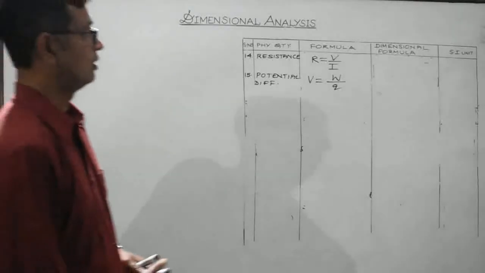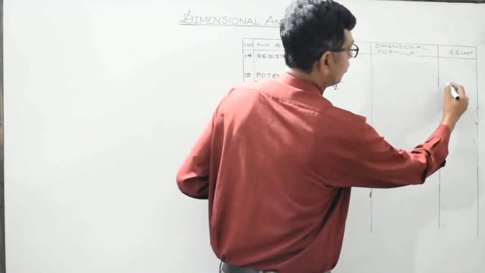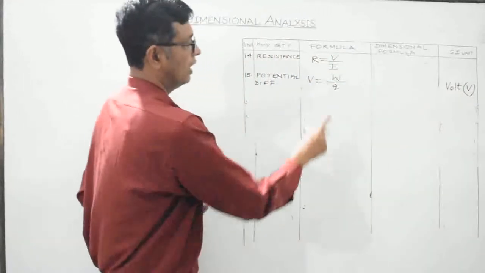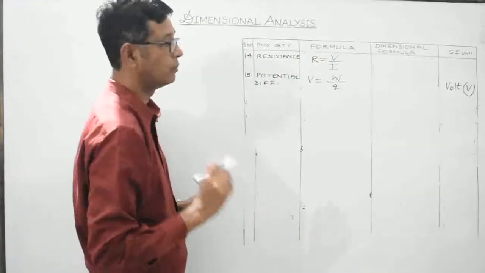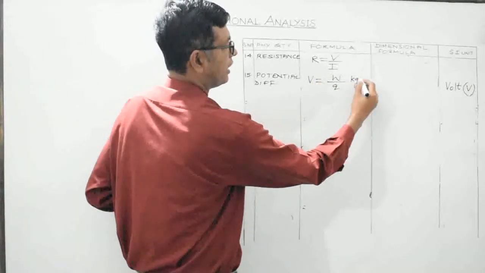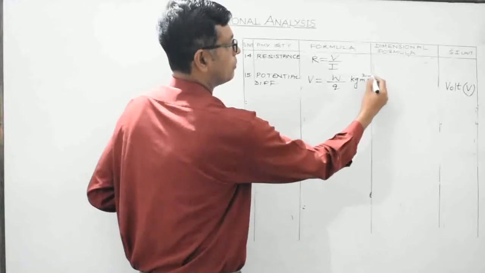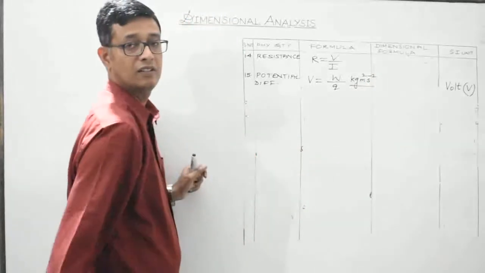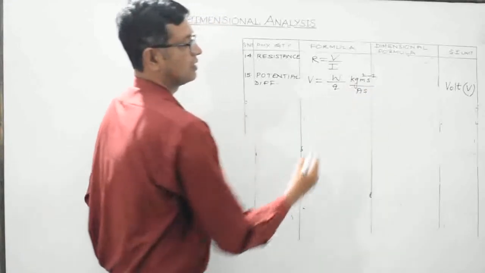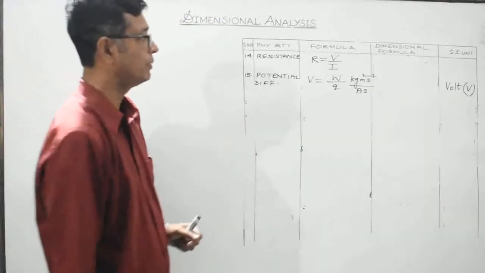So students, the SI unit of potential difference is volt. Right? It is represented by capital letter V. And it is work done per unit charge. Remember, work done per unit charge. Work done, its dimensional formula is kg meter square per second square, right? Charge, just now we have discussed, Q equals IT, it's ampere second.